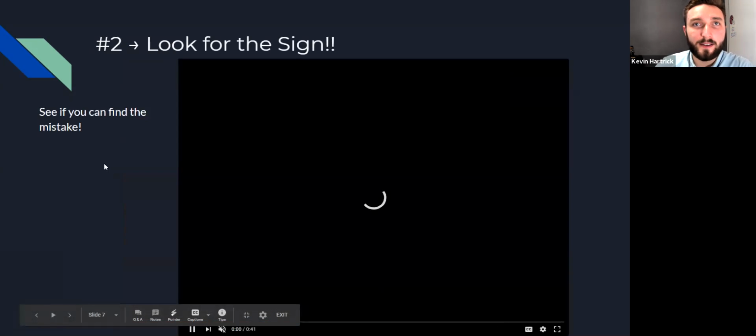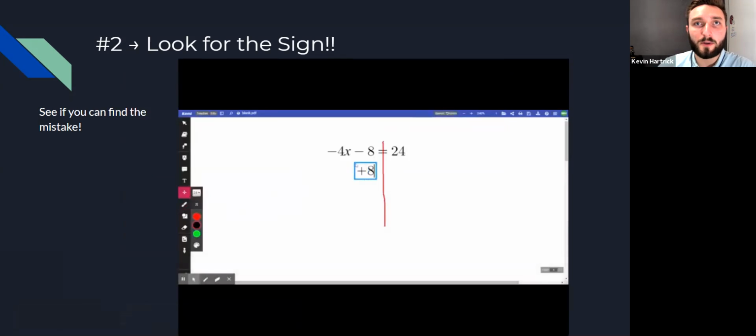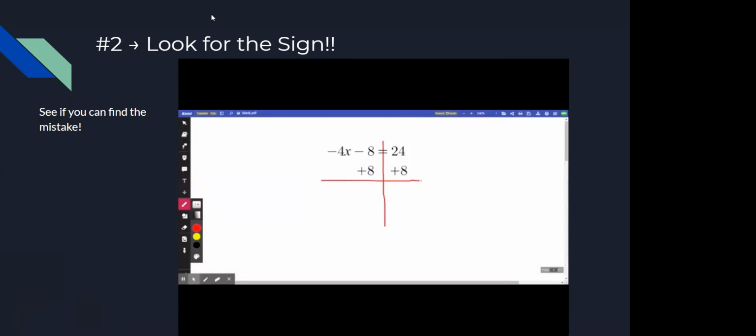All right, let's look at another common mistake. Here's common mistake number 2. Look for the sign. See if you can figure out what mistake is being made.